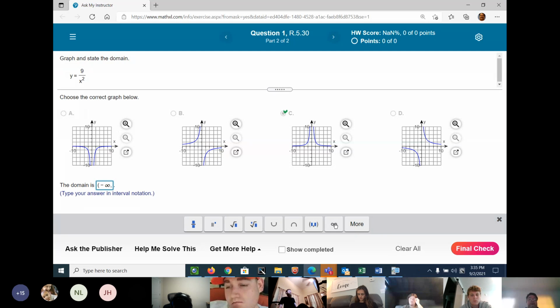You can't use 0, so it gets a parentheses. Union from 0 to infinity. That should be it. What can you not have in a fraction?